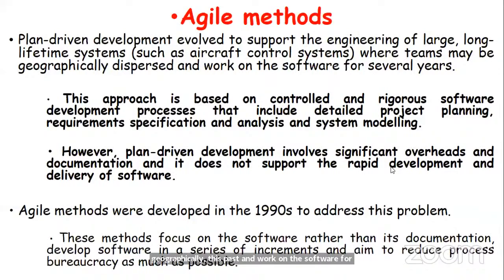This approach is based on controlled and rigorous software development processes that include detailed project planning, requirement specification, analysis and system modeling. However, plan-driven development involves significant overhead and documentation, and it does not support the rapid development and delivery of software. Agile methods were developed in the 90s to address this problem.